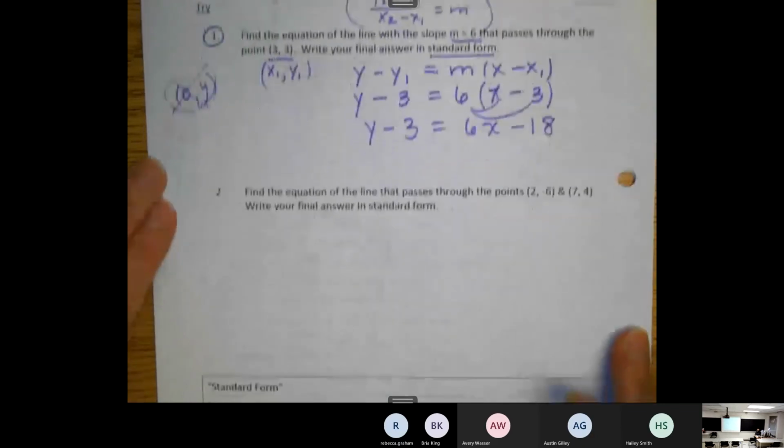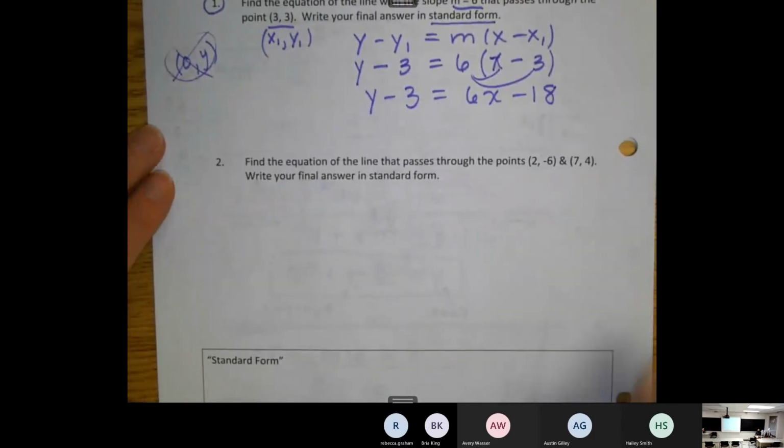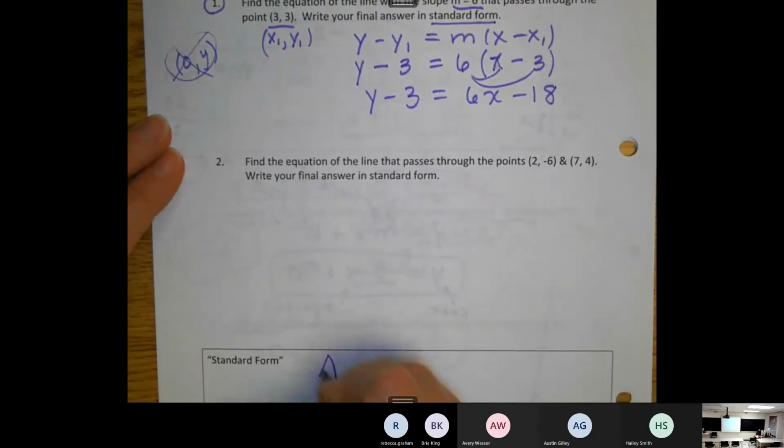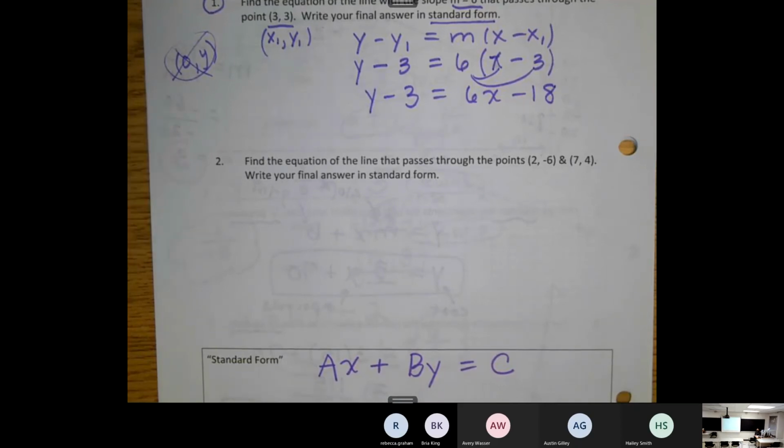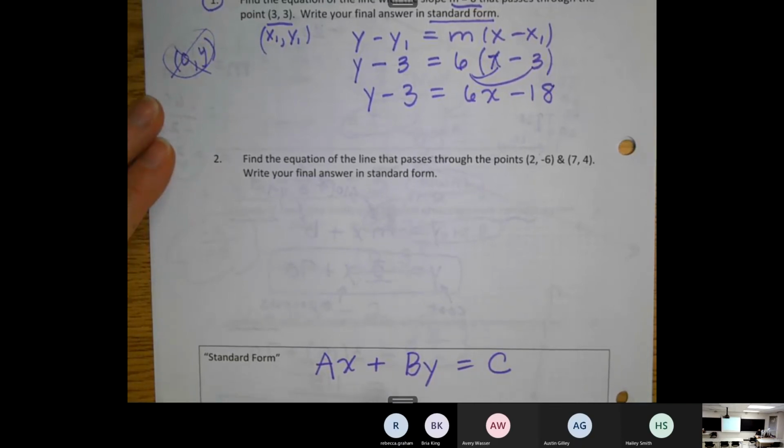So down at the bottom we've got a box where we can show what standard form is. Standard form is the x and y are together on the left side of the equal sign, like we've seen a lot of times in our equations. That would be as opposed to when the y is by itself. y equals mx plus b is the other form that we see a lot.